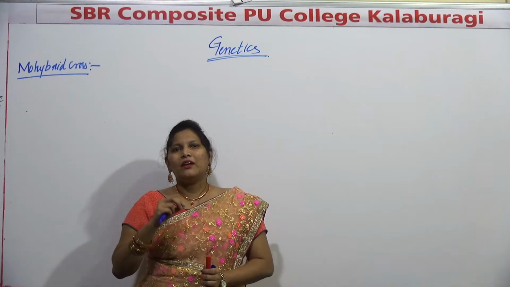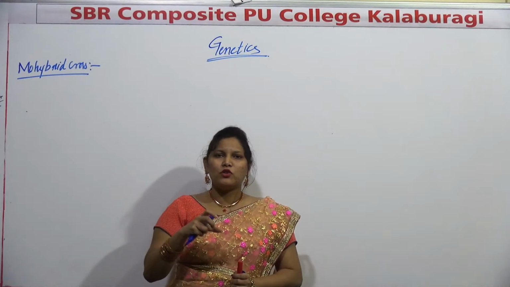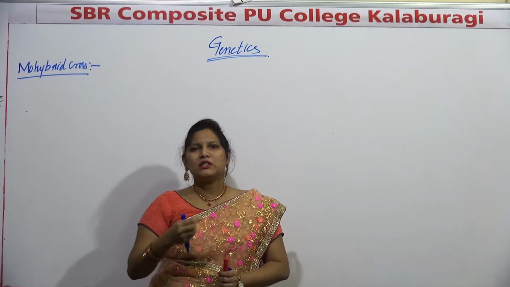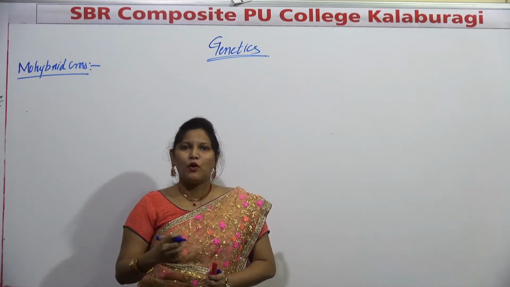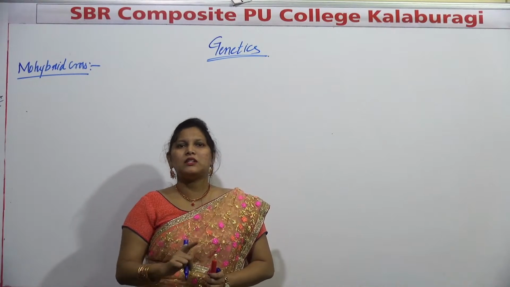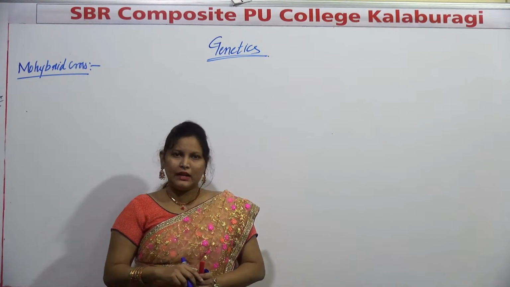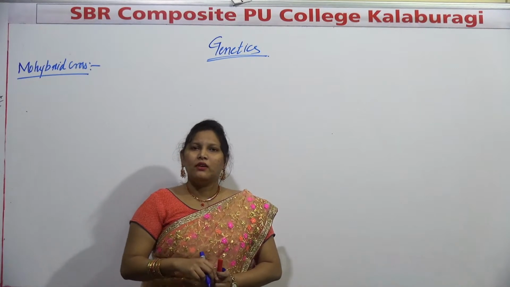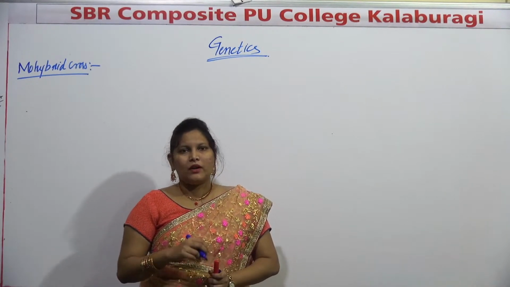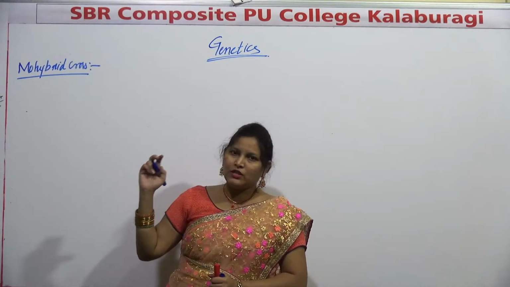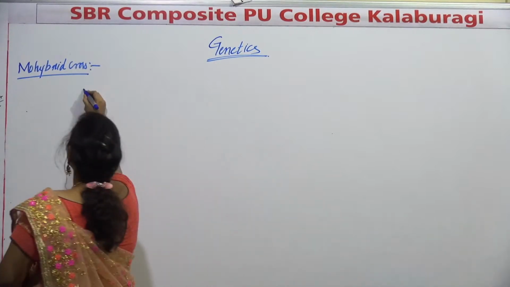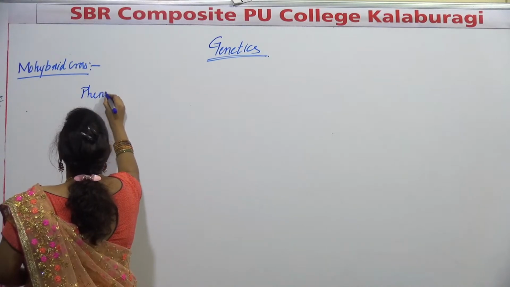In that F2 generation, we have seen that the dominant and recessive individuals are in the ratio 3:1. Based on the inferences that he has drawn from this monohybrid cross, Mendel has postulated two laws, that is first law, law of dominance, and second law, law of segregation. There are two ratios for this monohybrid cross, that is phenotypic ratio and genotypic ratio.